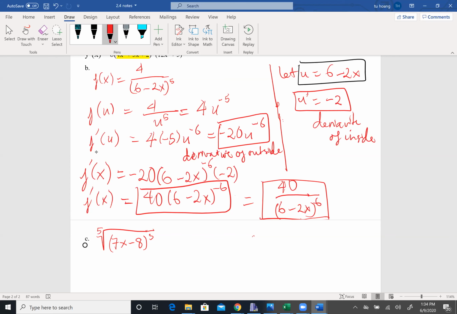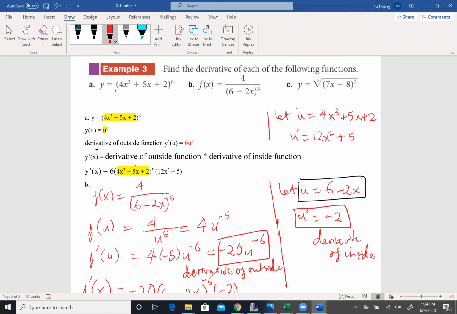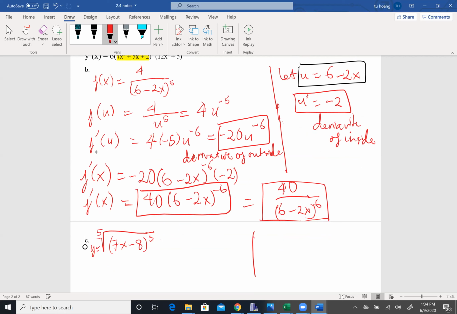In this case, you should know which one is the inside function. I have y equals this. Which one in here is the inside function? The inside function should be 7x minus 8. So I would like to have u equal to 7x minus 8, and then u prime will be 7 only.